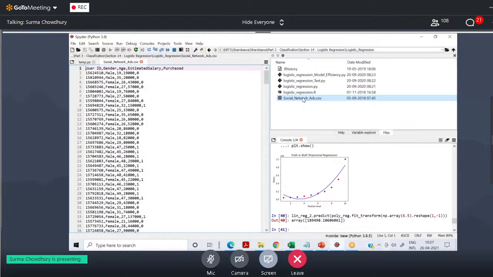This is essentially an automotive company which has done a survey on the website, and everybody has got a user ID to log in, right? So you have a unique user ID, and they enter their profile, their gender, the age, the estimated salary, and then they tick whether they want to buy a particular brand of car or not.